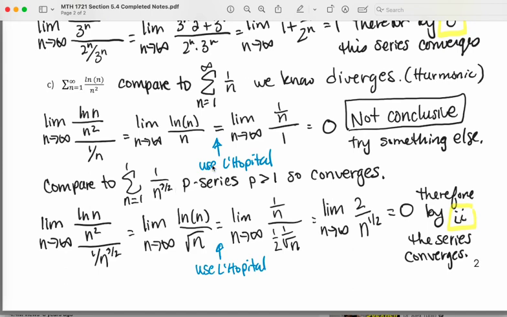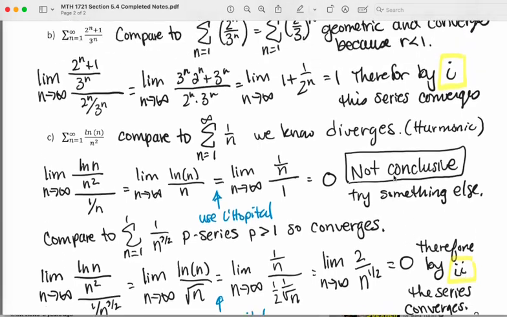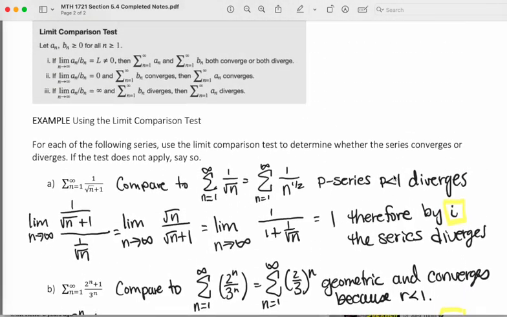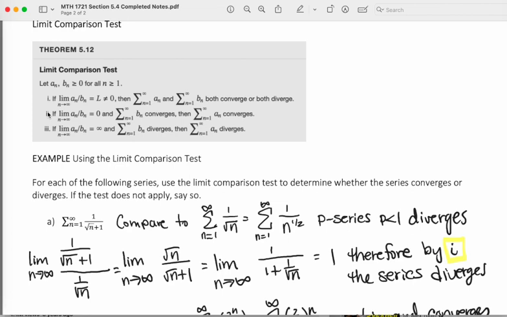Now, because I chose a p-series that I know converges, because p is 3/2, which is greater than 1, I can use option 2 to come up with a conclusion, because I knew that b_n converged. Based on option number 2, it says if you get a limit of 0 and you know that the series you're comparing it to converges, then the series you're looking for also converges.